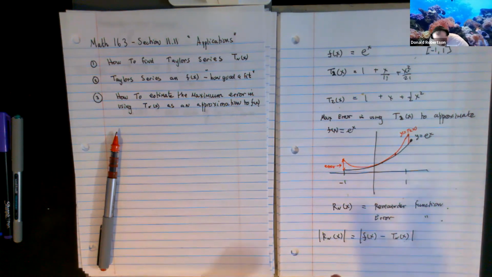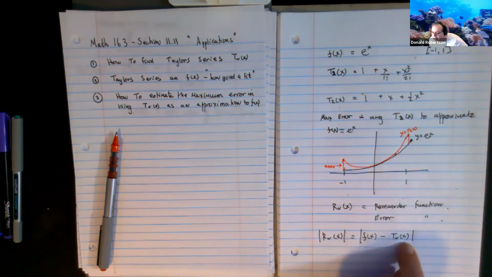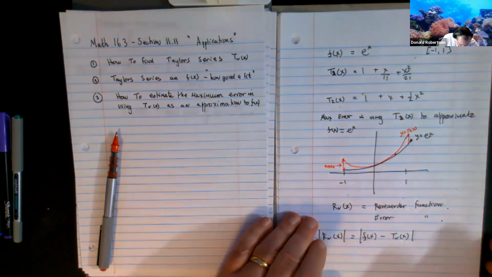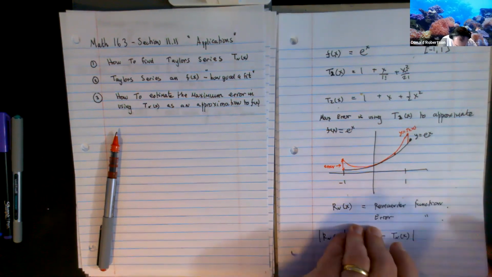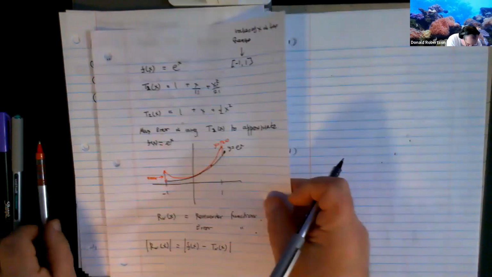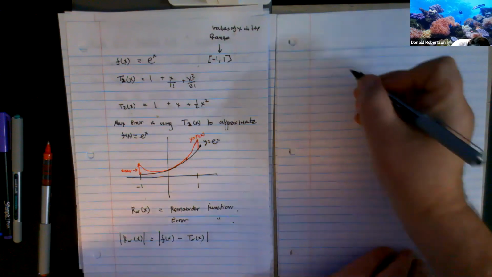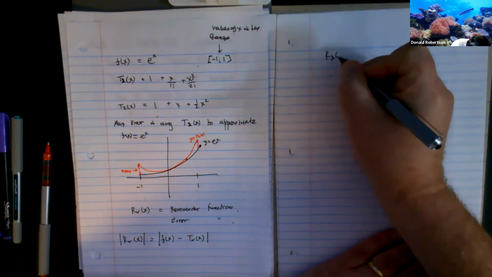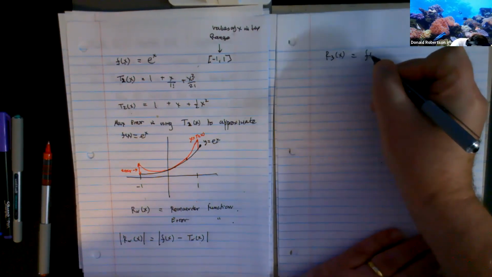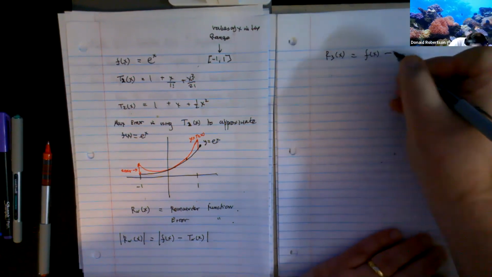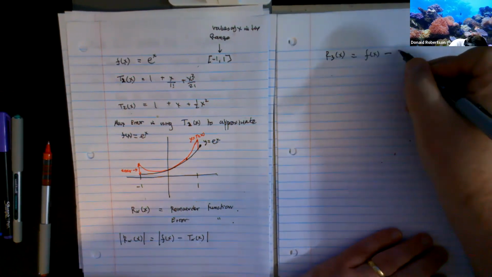And if you think about it, it makes sense. Isn't the error the difference between what the function says it is and what Tn of x is? So if I wanted to find R3 of x, wouldn't it be f of x take away T3 of x?